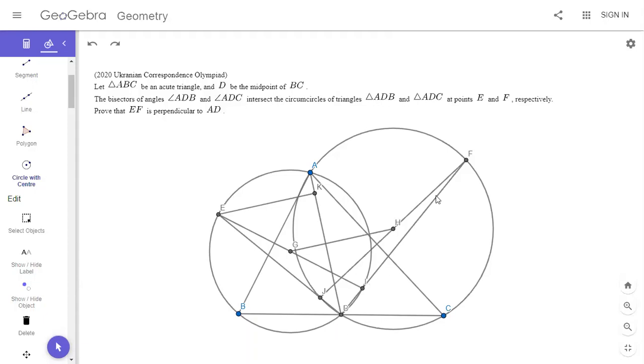Yeah, we also want to use angle EDF as a right angle, right? And we also haven't used that D is the midpoint here. So there's a lot of information.